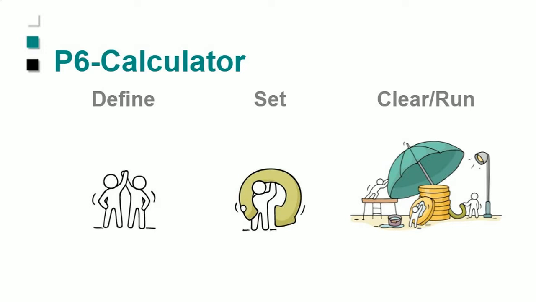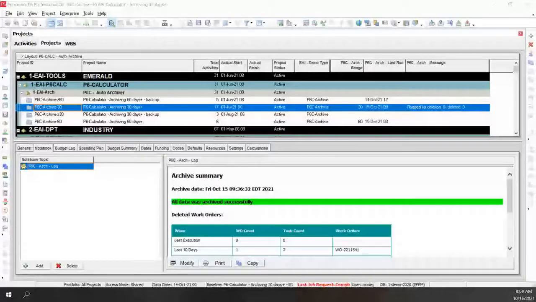Okay, so we'll jump in, and I'll share my screen, and I'll run through the archiving scenario. And we've got more than one type of archiving. I'm going to focus today on the activity and WBS archiving. I'll also explain some of our project archiving, but I'm not going to show that today.